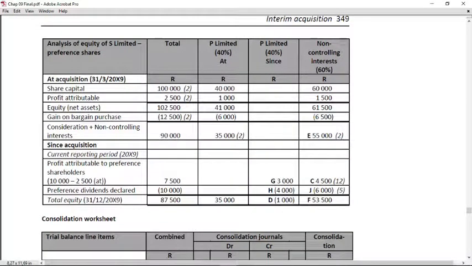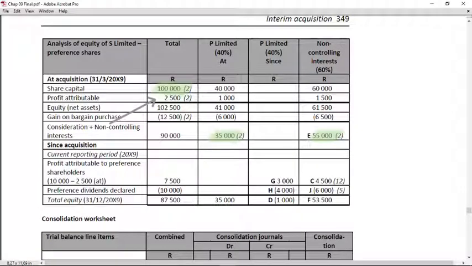In the preference shares analysis, at acquisition date, there's the share capital, the investment, and the NCI. And now you can see that we've moved that 2,500 from the retained earnings total at acquisition date of the subsidiary to the preference shares, as that's the portion they are entitled to as the preference dividend accumulates over time.